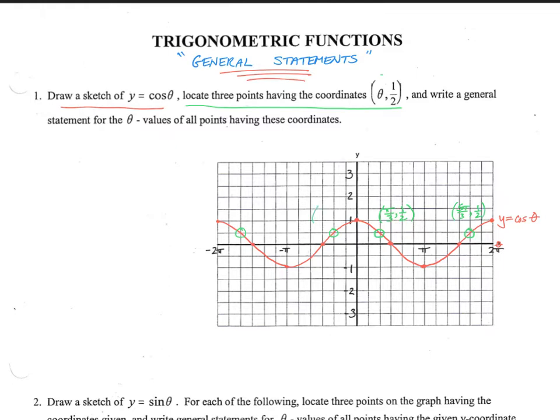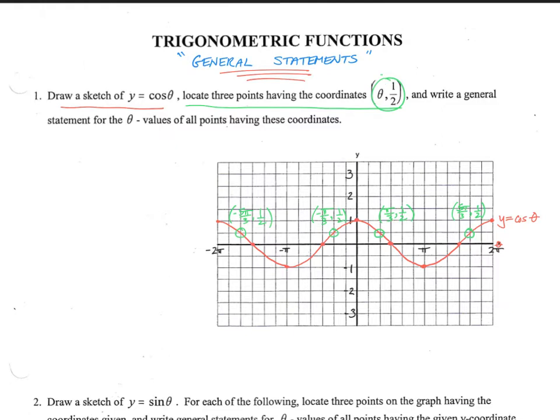To then work my way backwards, I would be negative pi by 3 and 1/2. And then if I go all the way to the other end, I would be at negative 5 pi by 3 and 1/2. So if you take a peek, all 4 of those points satisfy some angle and a y value of 1/2.